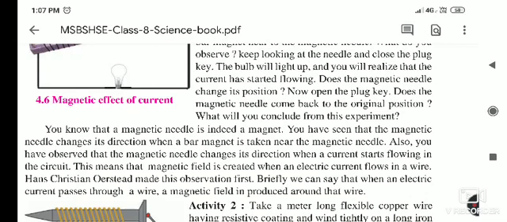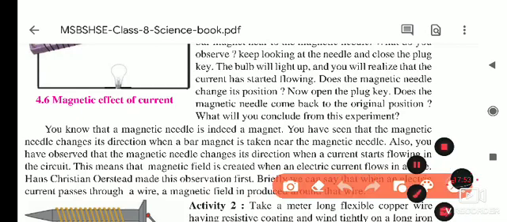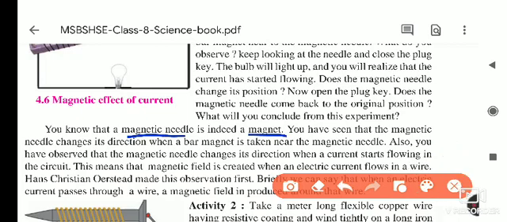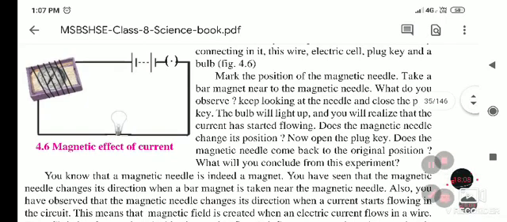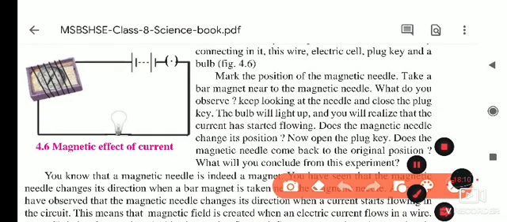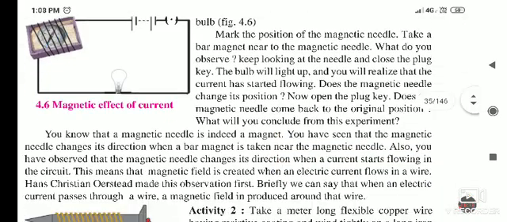Also, you have observed that the magnetic needle changes its direction when the current starts flowing in the circuit. When electricity flows in the circuit, it shows the deflection, which means it changes its direction.